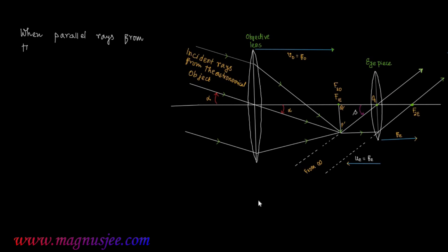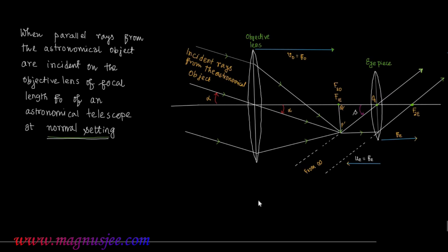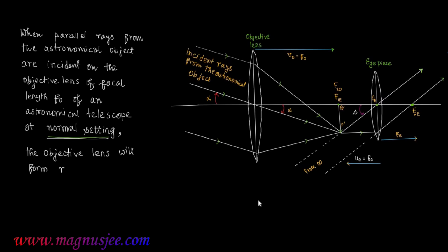When parallel rays from the astronomical objects are incident on the objective lens of focal length f(O) of an astronomical telescope at normal setting, the objective lens will form a real image P prime Q prime in the focal plane of the objective lens.